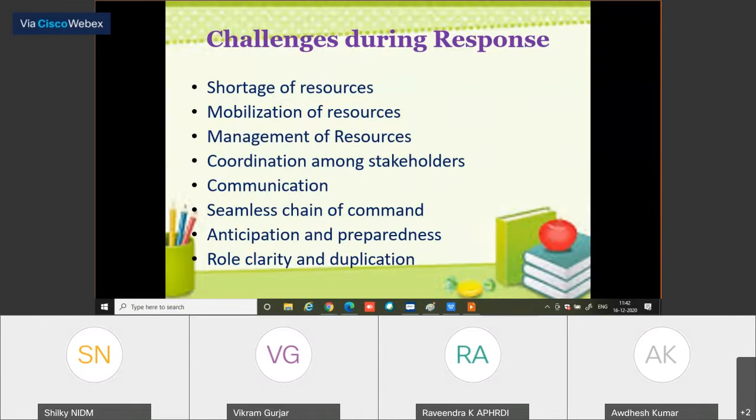NIDM was chosen to promote IRS training, being a premier capacity building and training institute in the field of disaster management by Government of India. And as we all know, India is vulnerable to a variety of natural and human-induced disasters, and these disasters hinder the country's growth.